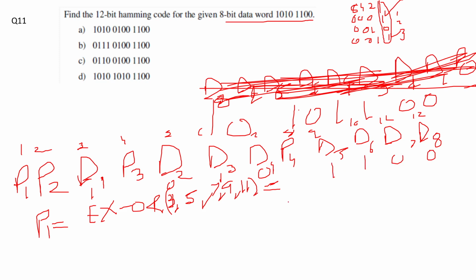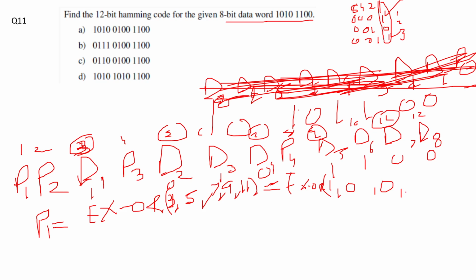So XOR of 3 5 7 9 11 is the XOR of 3, 5, 7, 9 and 11.